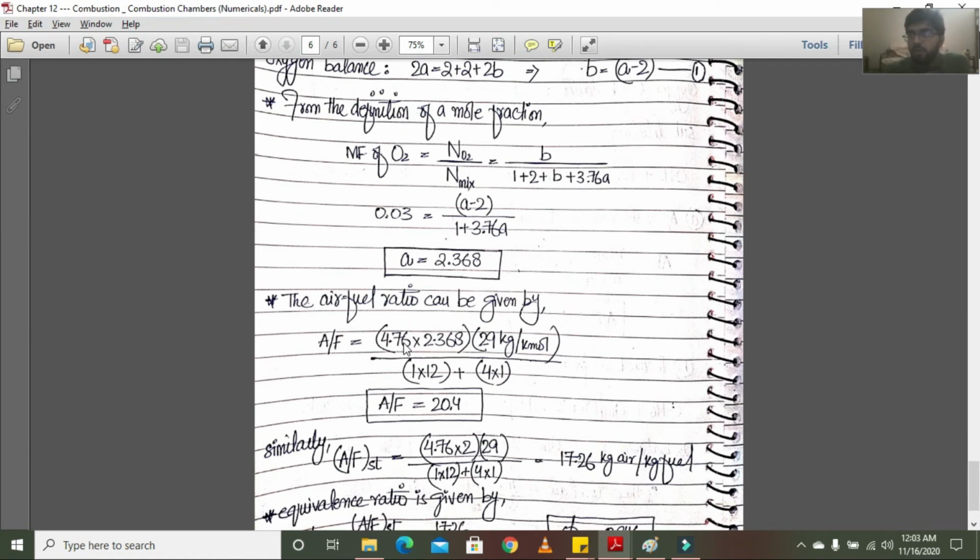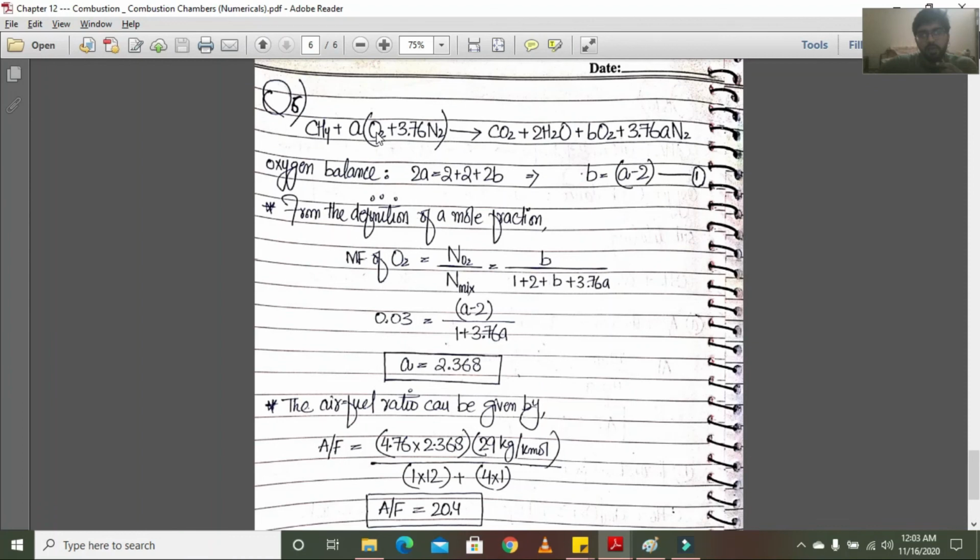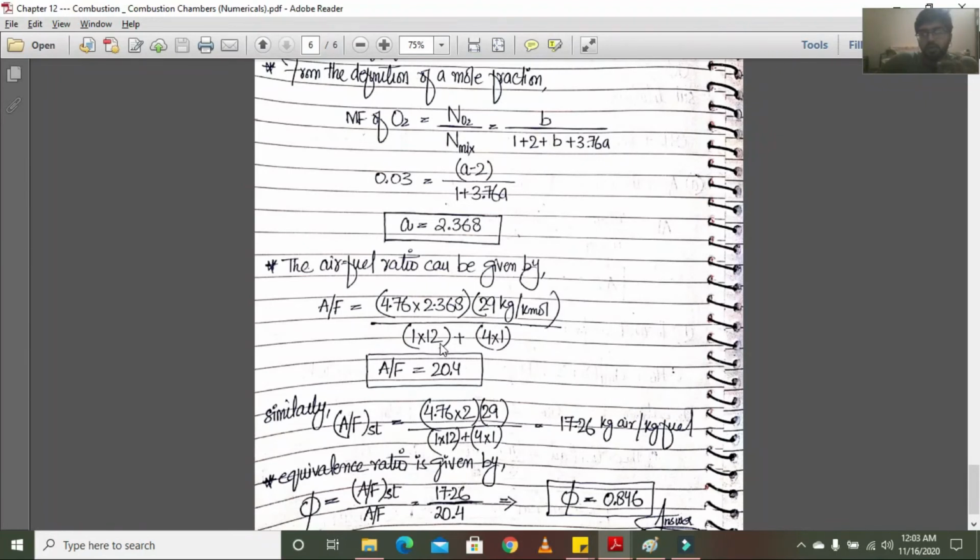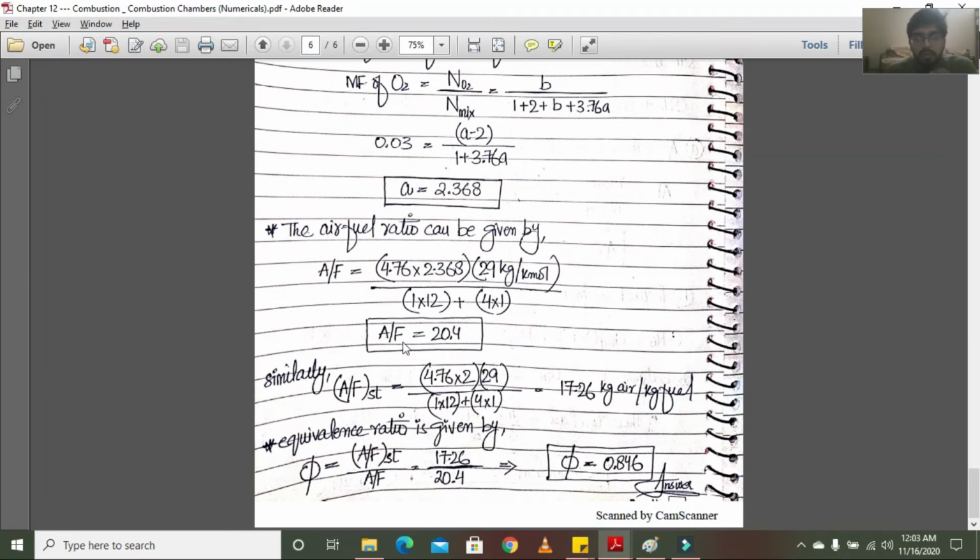The molecular mass of air is 29, and the moles are A multiplied with 1 plus 3.76, which is 4.76, multiplied with 2.368, the value of A. In the denominator we get the molecular mass of the fuel, CH4: 1 atom of carbon, whose atomic mass is 12, plus 4 atoms of hydrogen multiplied by the atomic mass of hydrogen, which is 1. As a result we get the air-fuel ratio, and it comes out to be 20.4.